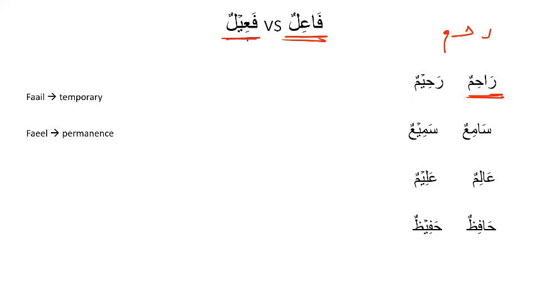But if we use the fa'il pattern, then we come up with rahim. And I'm saying that they both have an ismul fa'il, or the doer of the action. First of all, the similarity is that they are both nouns. They both represent the doing of an action.